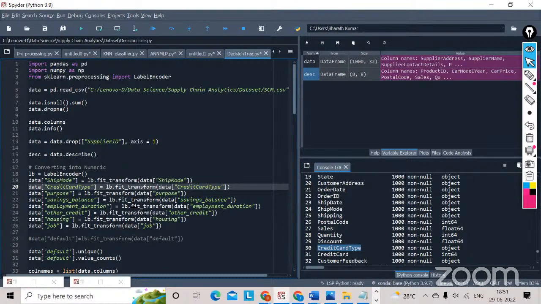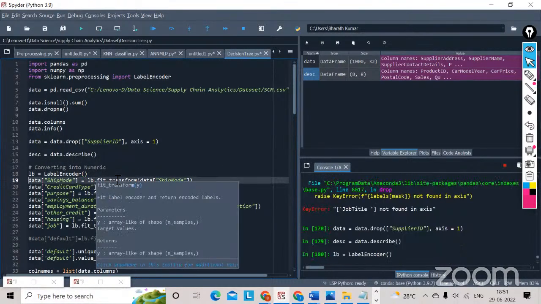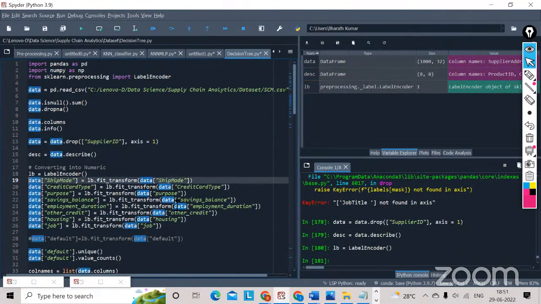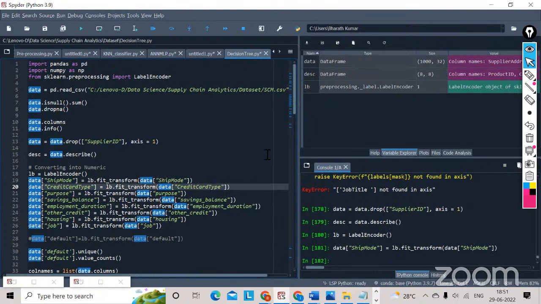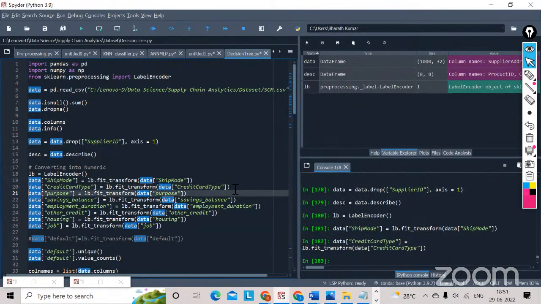Similarly, I will be doing this with all these features. And I want to transform the others as well. I've transformed it.